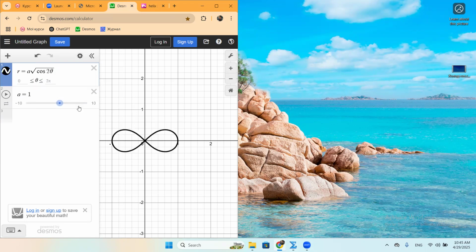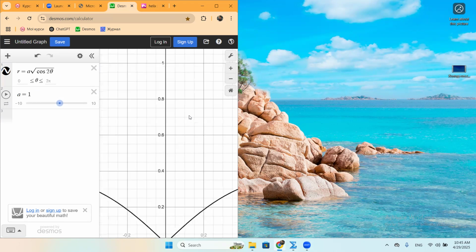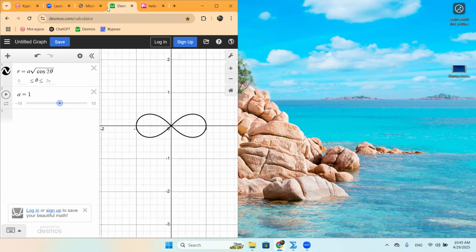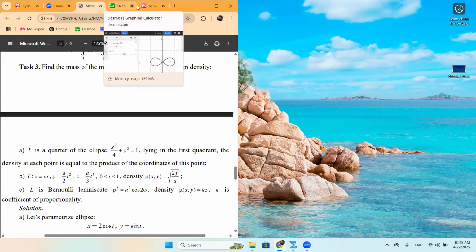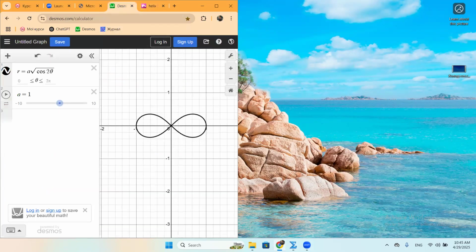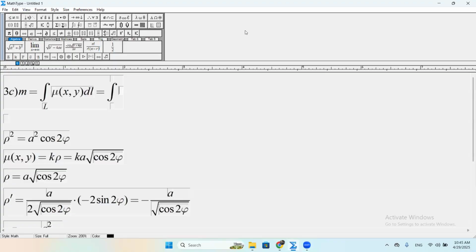So we have the following figure. Everything is taken into consideration. By the way, we integrate from 0 to 2 pi.